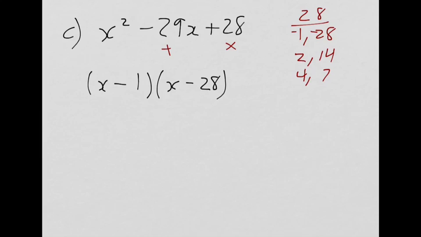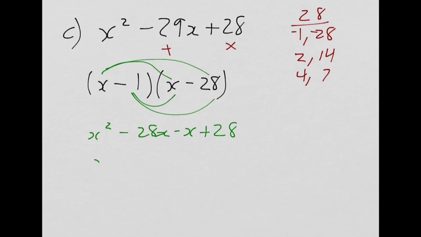And again, we could check by multiplying. Okay, we'll just do that quick here. So we distribute both the x and the negative 1, giving us x squared minus 28x minus x plus 28. So, oops.